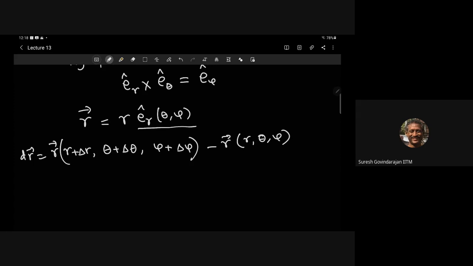They are changing the points, and if you work this out, you get these things by definition.